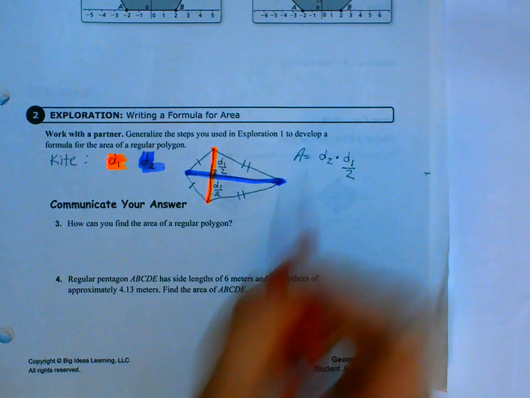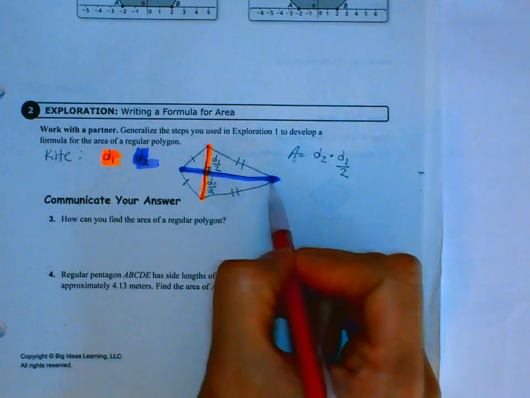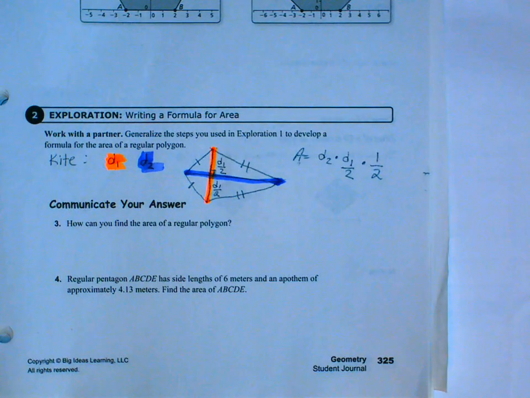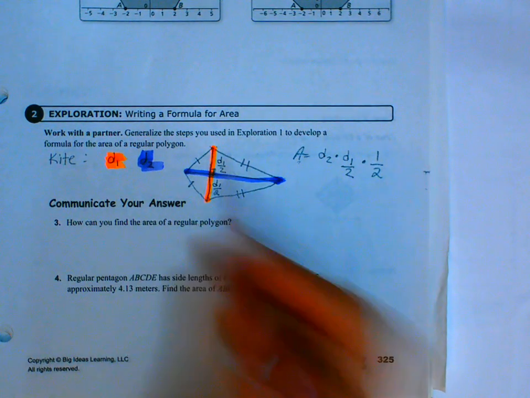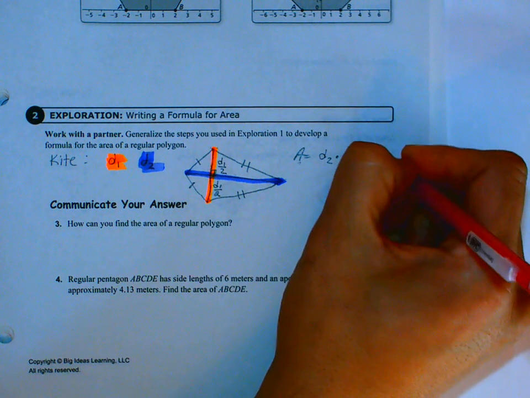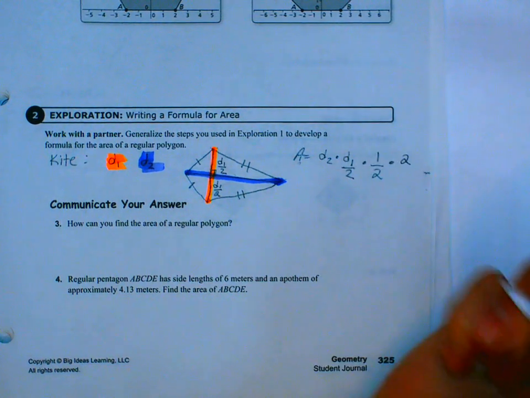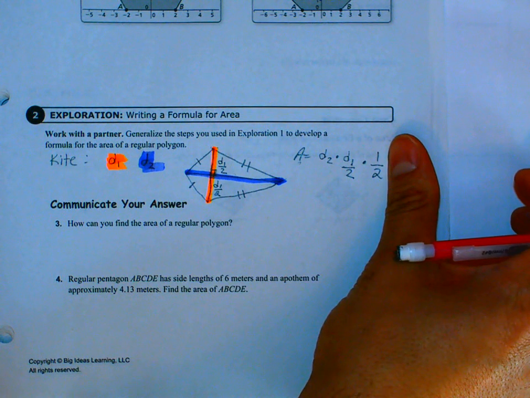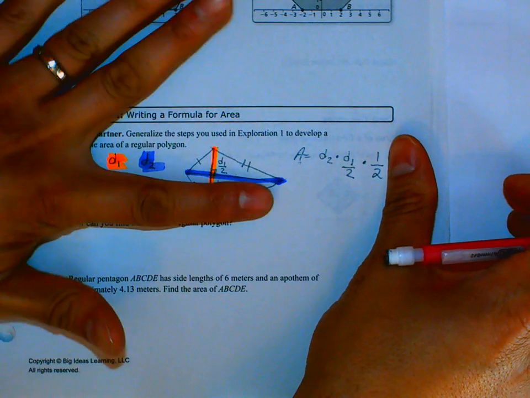Okay, so the area is the base times the height, and then times 1/2. But here's the problem. That only gives me the area of the top. If I want the area of the bottom, I have to double this area. So I have to multiply this by 2. Why by 2? Because this right here only gives me the area of the top.